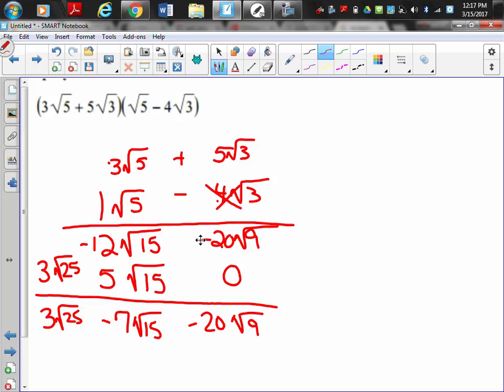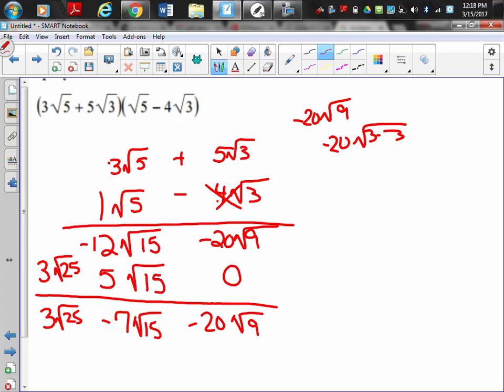Alright, so that's just multiplying. Now we have to go back and simplify each piece. So negative 20 square root of 9. What's 9? 3 times 3. Do I have a pair?